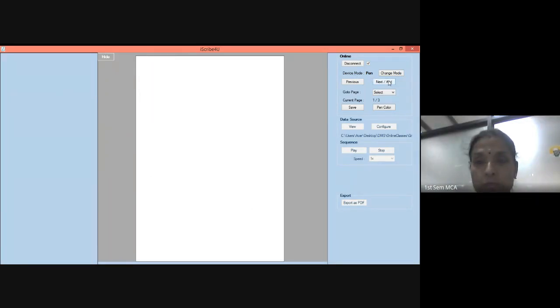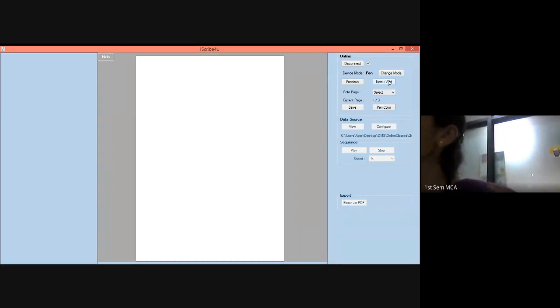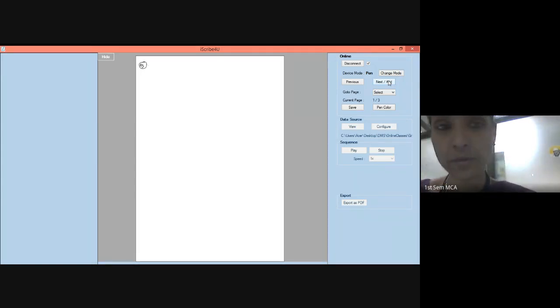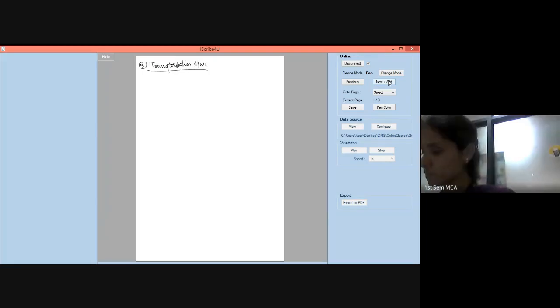Let's move to the next page. Now, the next thing that we saw was transportation networks.